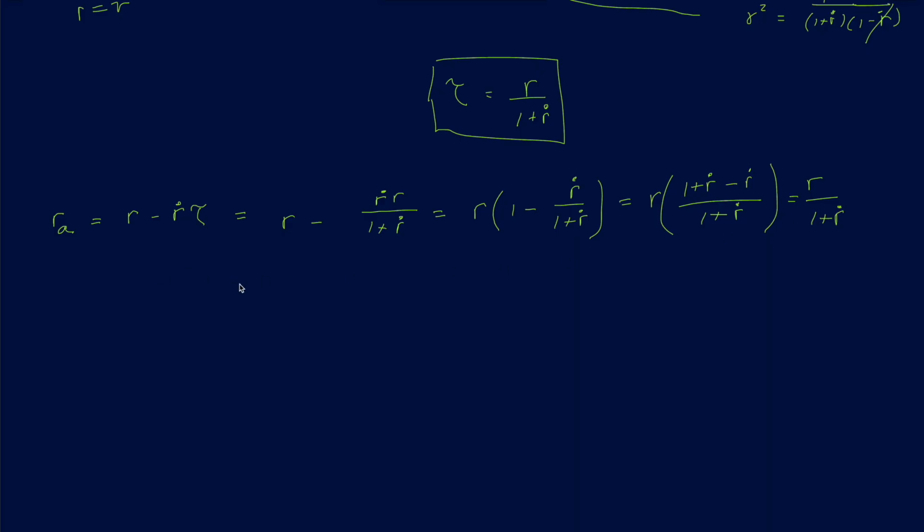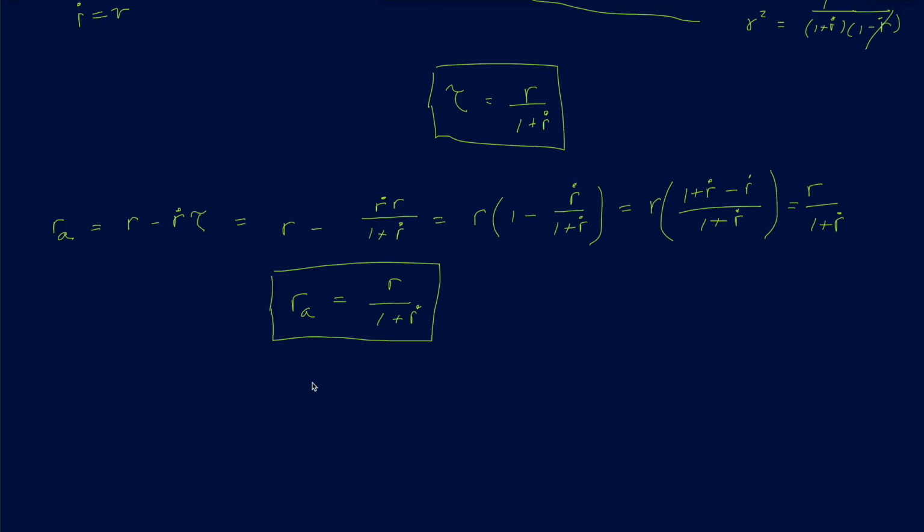So let's just summarize that here. We'll say r apparent is equal to r over 1 plus r dot. So that's our equation for the apparent distance in terms of the current true distance.